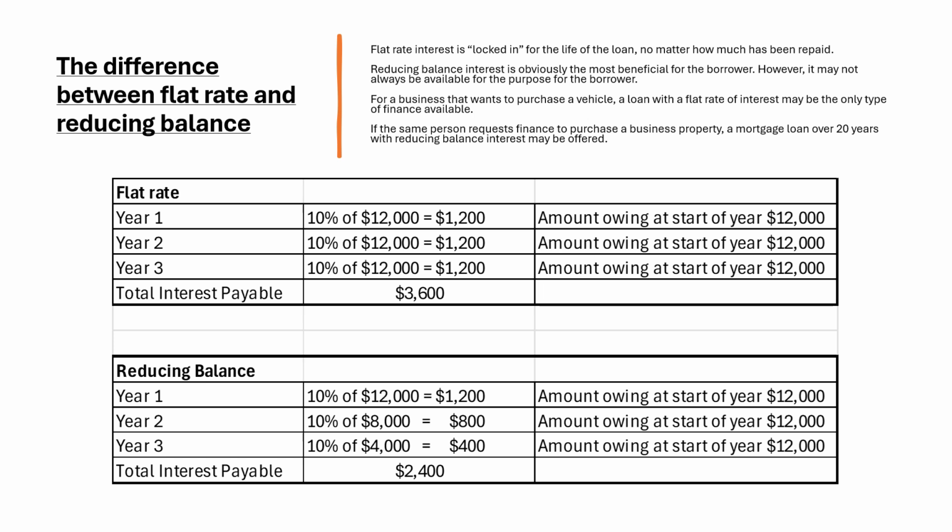Under the reducing balance method, the loan amount is still $12,000 at 10% interest, but you only pay interest on the amount owing to the bank in years 2 and 3, which reduces the total interest payable to $2,400.